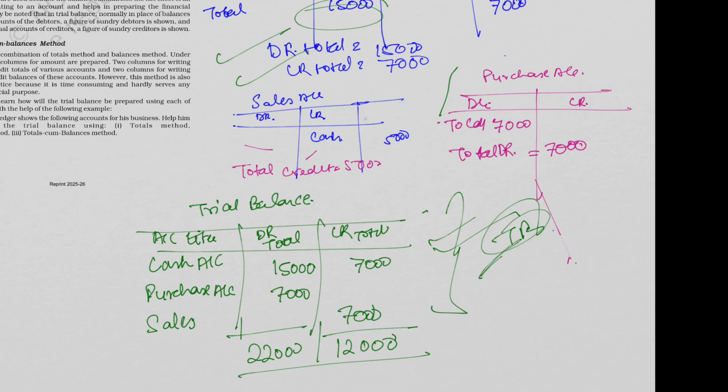So under the totals method, we take the total debit of the ledger account and the total credit of the ledger account, and not the balance. Basically in the totals method, we take the total of both sides, whereas in the balances method, we take only the balances. Now there are some disadvantages of the totals method.